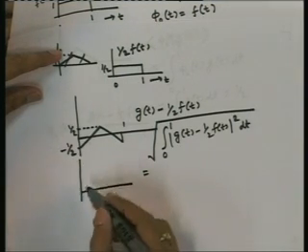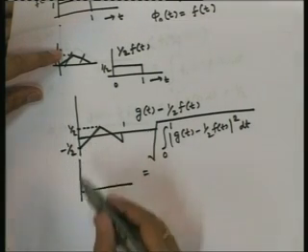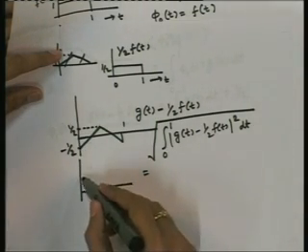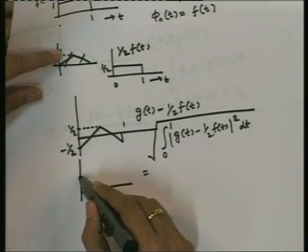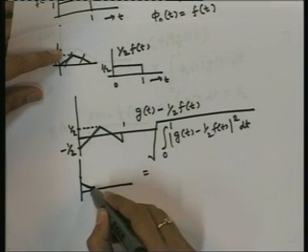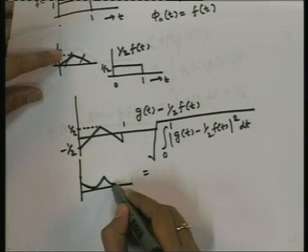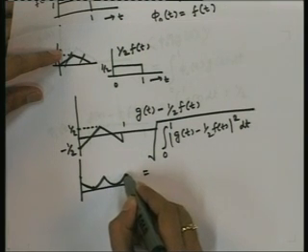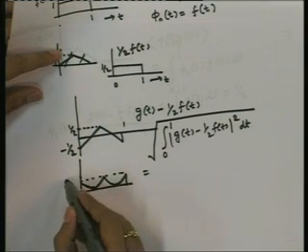Square will have always positive amplitude. So here it will be 1/4, it will be like this, 1/4.